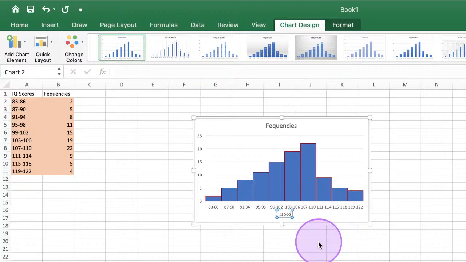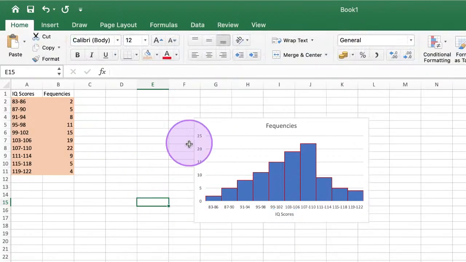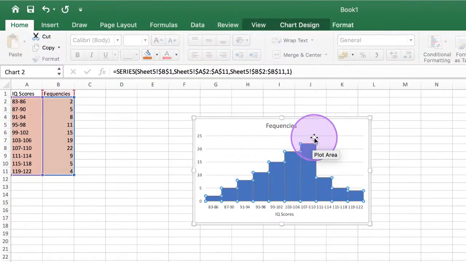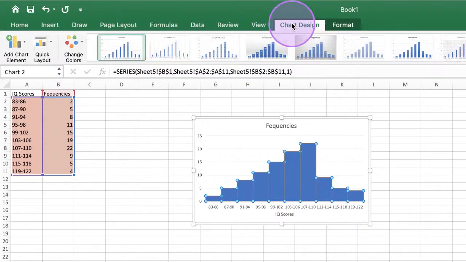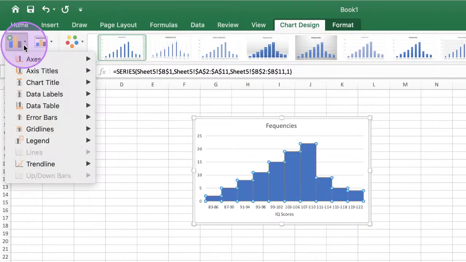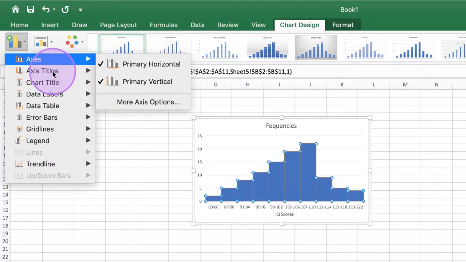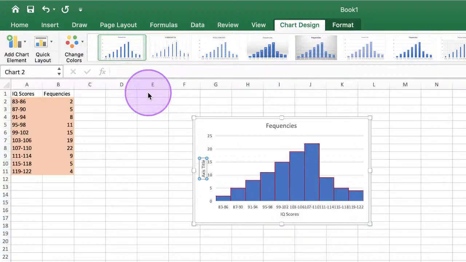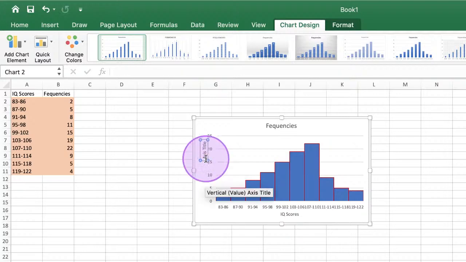IQ scores. And if you want to label your y-axis, just the same. Chart Design, go to Add Chart Element and add axis title, this time the vertical. What is the title of your vertical axis?